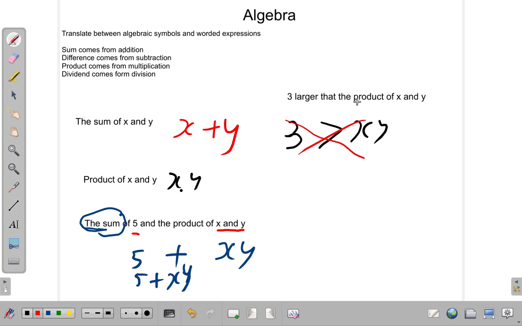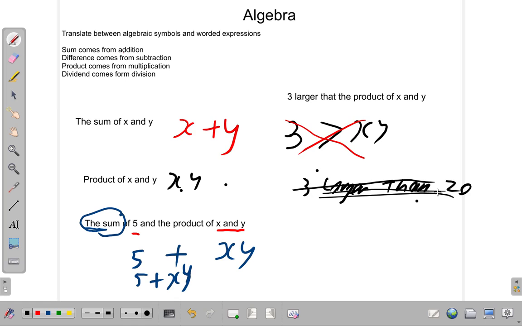I asked for 3 larger than the product of x and y. It's like I say, what is 3 larger than 20? It means you had 20 and you go 3 more. So it would be 20 plus 3.